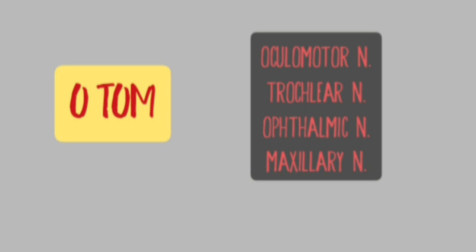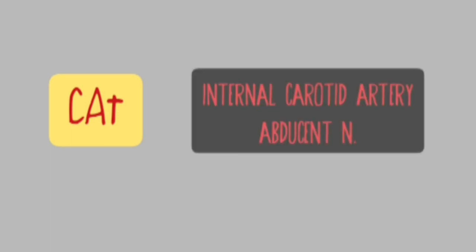As you all know, ophthalmic nerve and maxillary nerve are the first and second branches of the trigeminal nerve. Now, the letters in the mnemonic CAT represent the internal carotid artery and abducens nerve. This is all about the structures in the cavernous sinus.